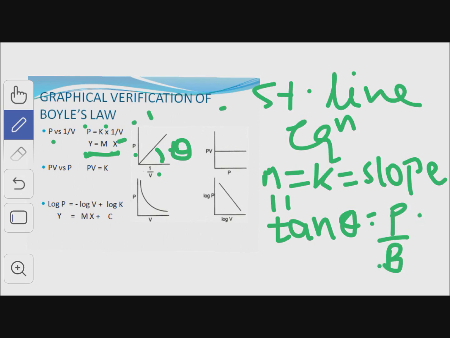If we draw a line here parallel to pressure axis, which gives the perpendicular, and 1 by V in x-axis gives the base. From here we can calculate the value of tan theta, which is equal to m and which is further equal to K, which is the slope of the graph. In this way we can calculate the slope of the graph.